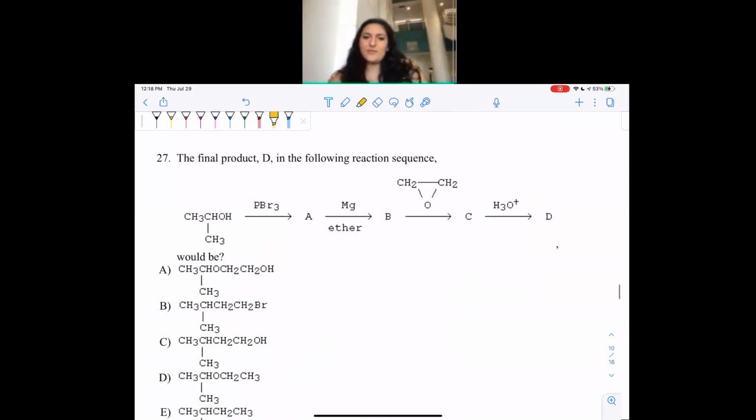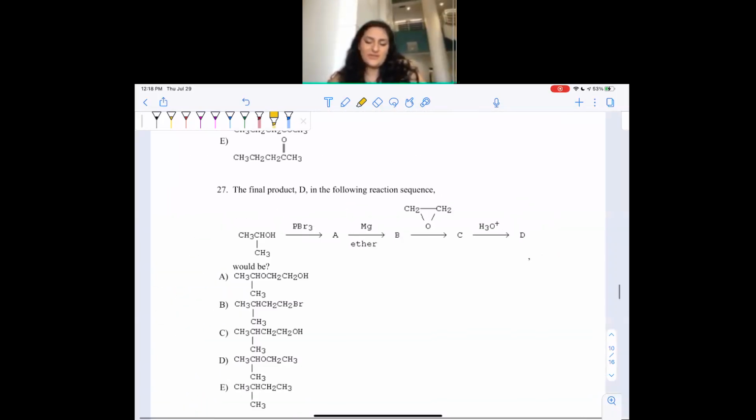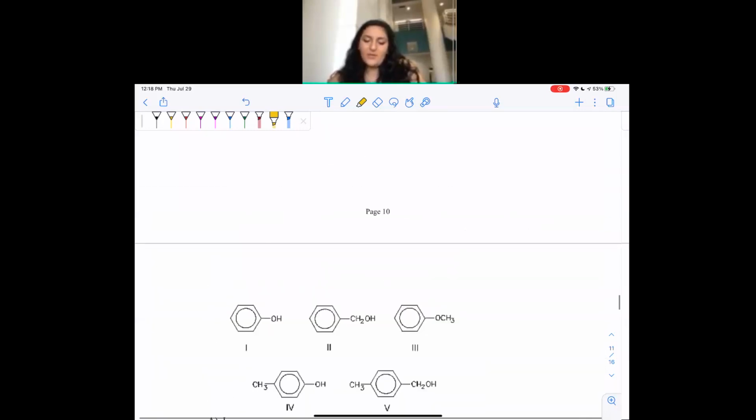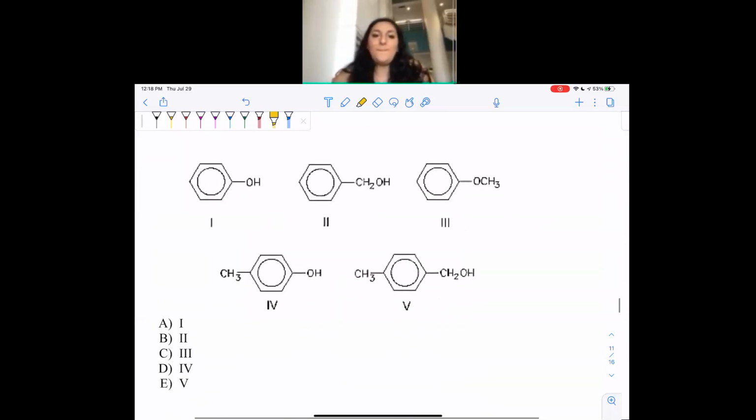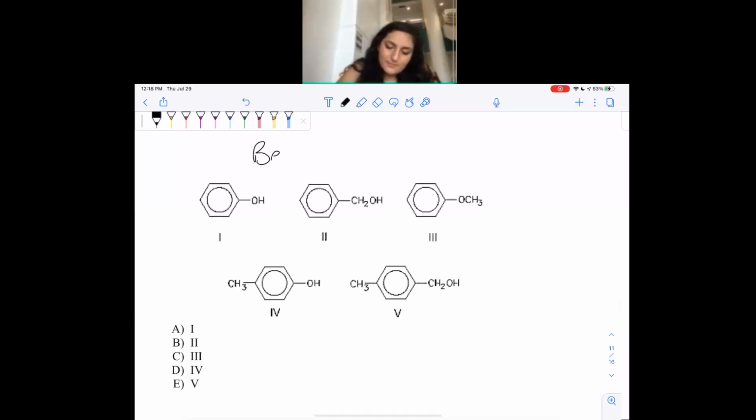All right, this is a good one. Actually, we did one just like it, so never mind. Oh, okay, good. Which one of these is benzyl alcohol? Please tell me.